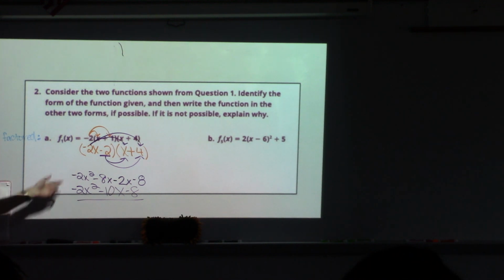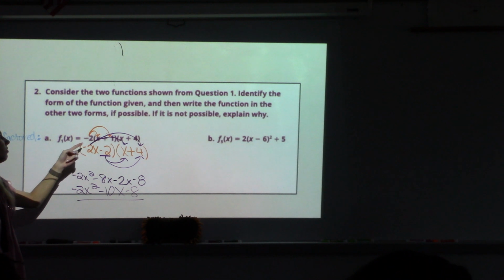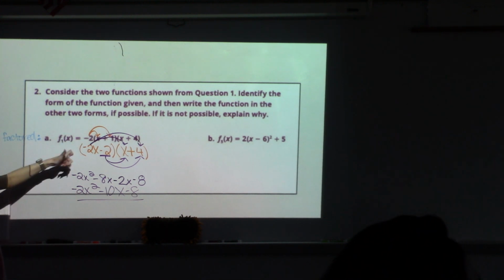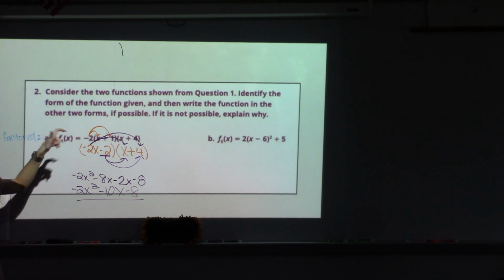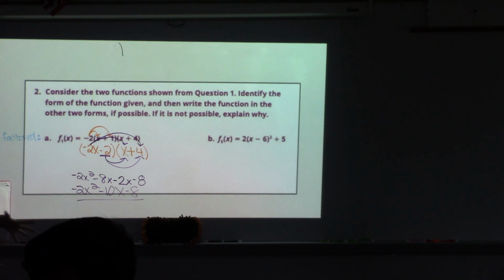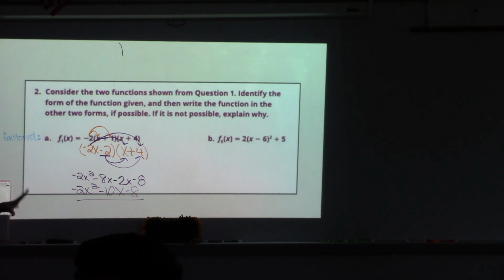Yes, I could graph either one of these equations, because if I graph this in standard form and this in factored form, it's going to show the same shape on the graph, right? So I could graph it and get the vertex from there and then write it. But we're going to go ahead and go to part B.